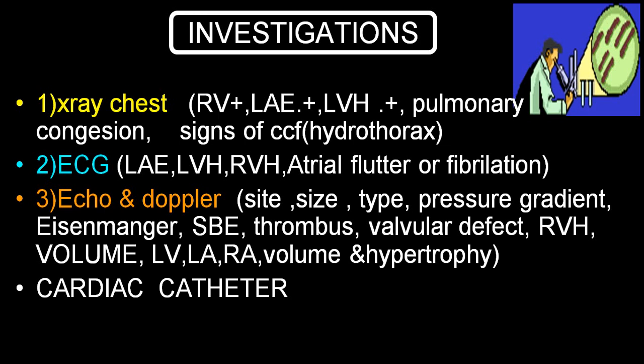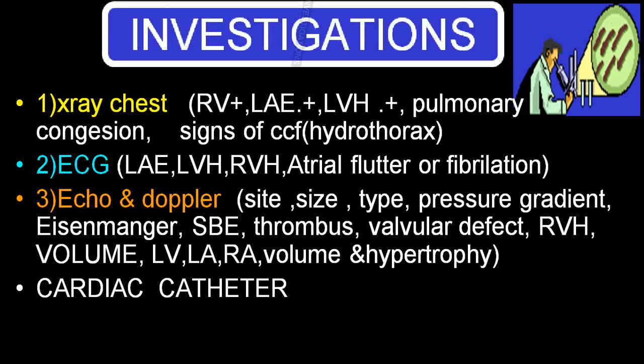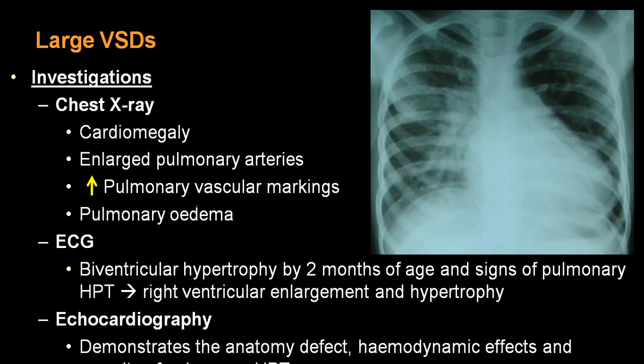To find out the pressure changes and direction of the blood flow, right heart and LV catheterization will be required. So we already told you, on an X-ray you will have a big LV, LA and RVH, increased pulmonary vascular congestion. ECG will show you biventricular hypertrophy where LV will be more than RV.